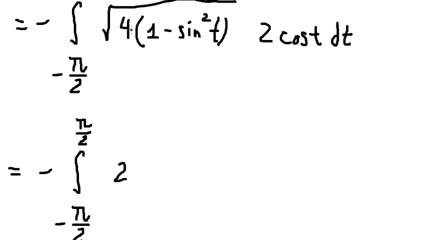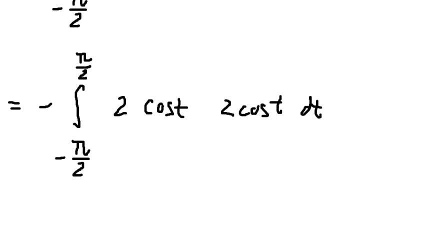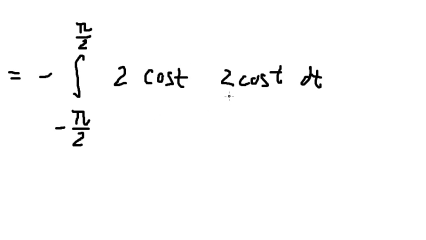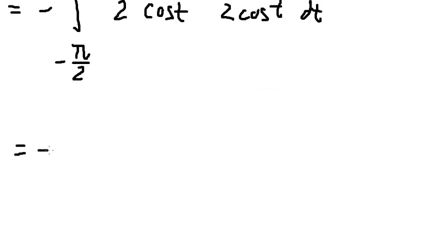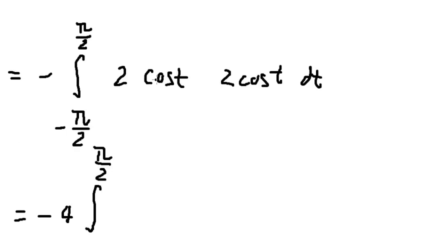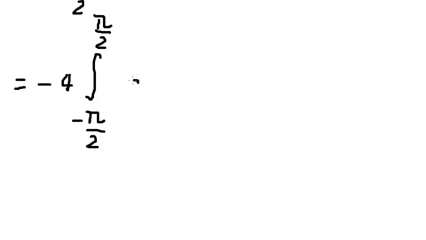The square root of 4 we have 2. The square root of cosine t squared we have cosine t. So 2 and 2 we have 4. Cosine t times cosine t, we have cosine t squared.